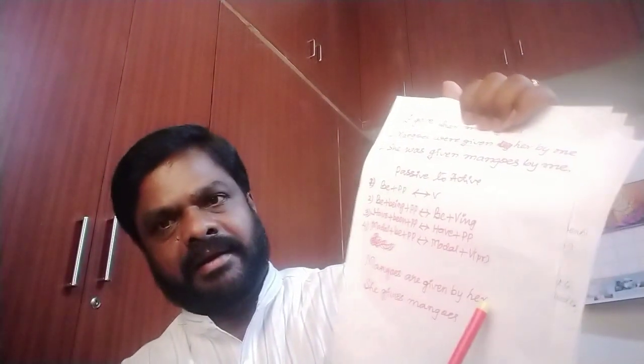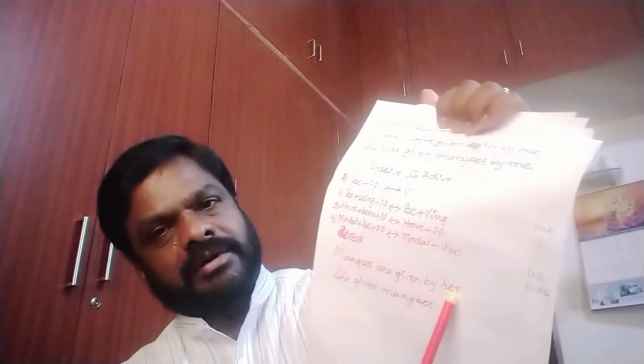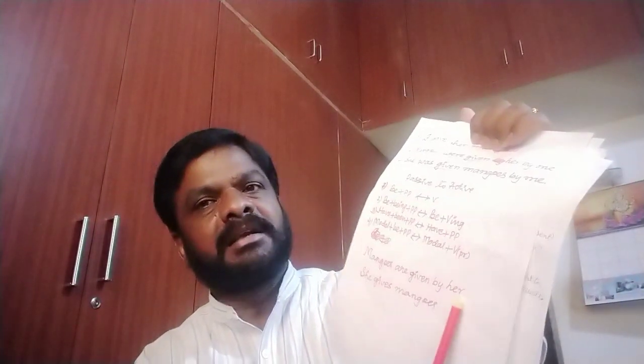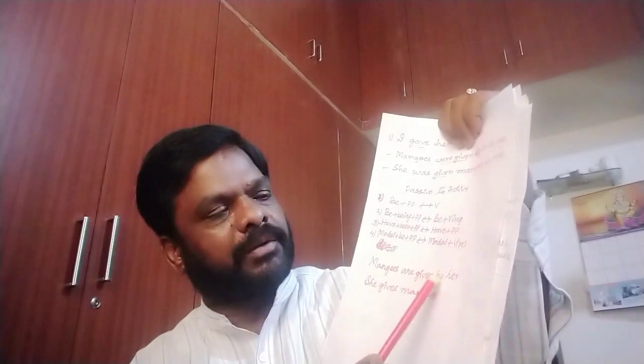If you are going to change passive to active, you take the object that will be after the by. For example, see here, if mangoes are given by her, after by here is her, so you have to take her to the subject place. That means her becomes she. So like this it is easy to find the object while changing passive to active voice.